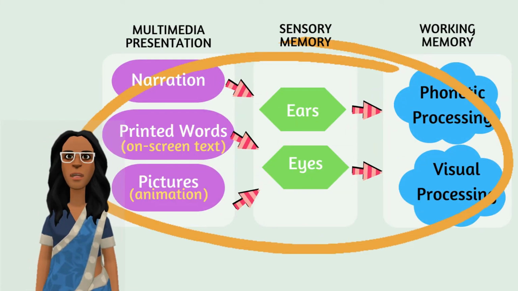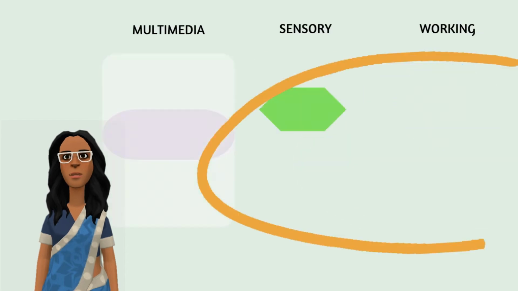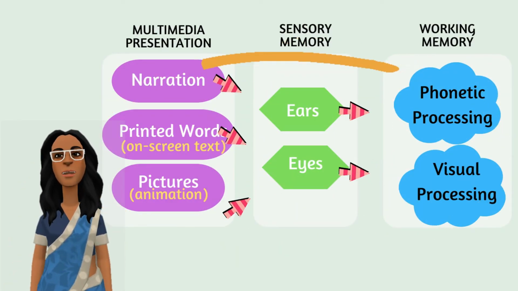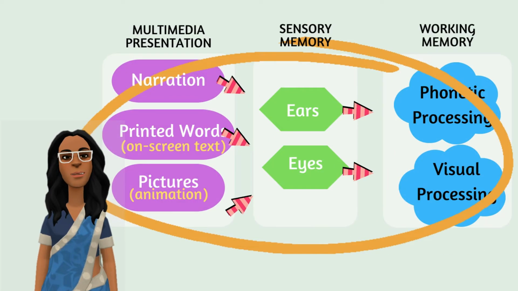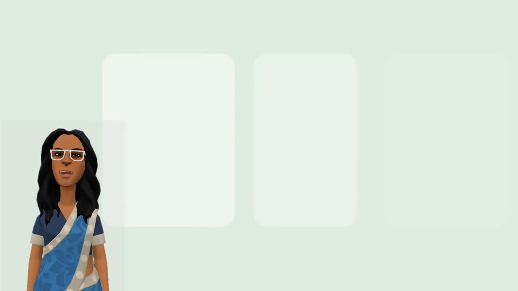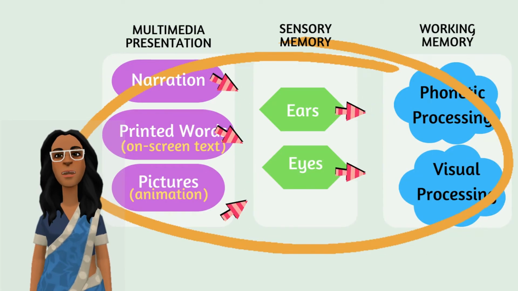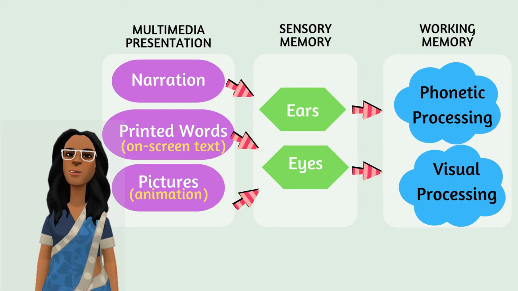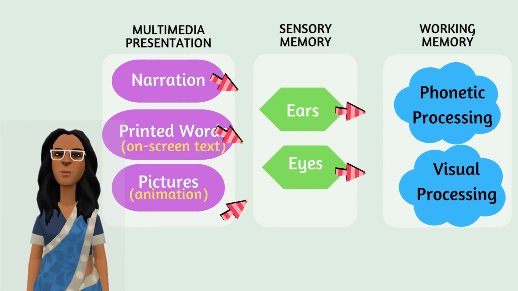Animation and on-screen text go through the same channel. Let's say, if a presentation is going too fast or the material is new, the learners will experience cognitive overload, and narration works well if there is only a minimal chance for overload, meaning that there is more chance to engage appropriately in cognitive processing.